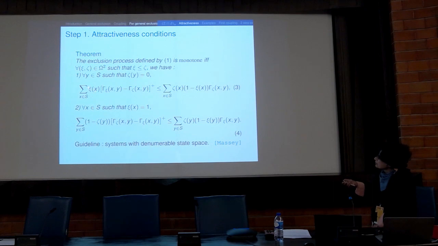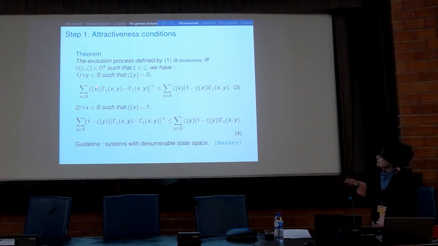But the problem is that if a particle jumps from x to y just on psi, then on y, after the jump, you will have a particle on psi, but no particle on zeta. So you break the order. So the point is that you don't want this order to be broken. So you want to build a coupling such that you don't have this order broken.